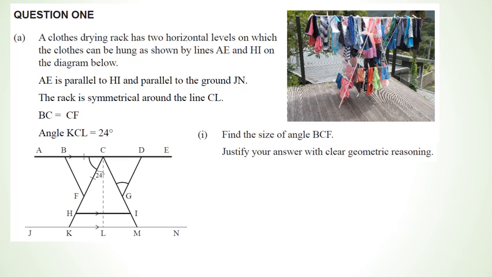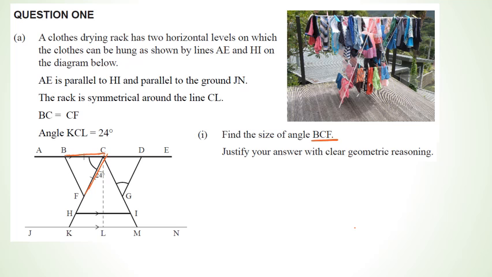So in this question, they're asking you to find the size of the angle BCF. Now BCF is basically this angle here we're looking at. So we have to look at some of the clues here.